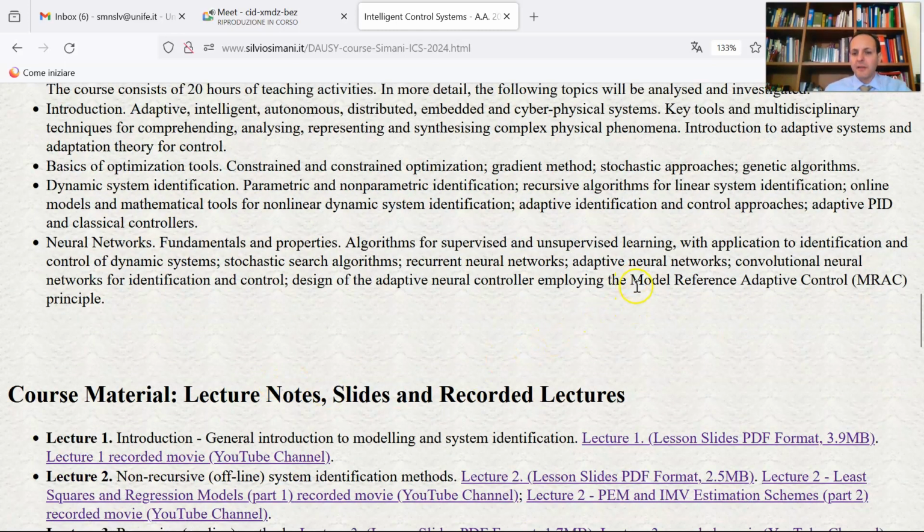So the basic idea, or the principle, is called model reference control.